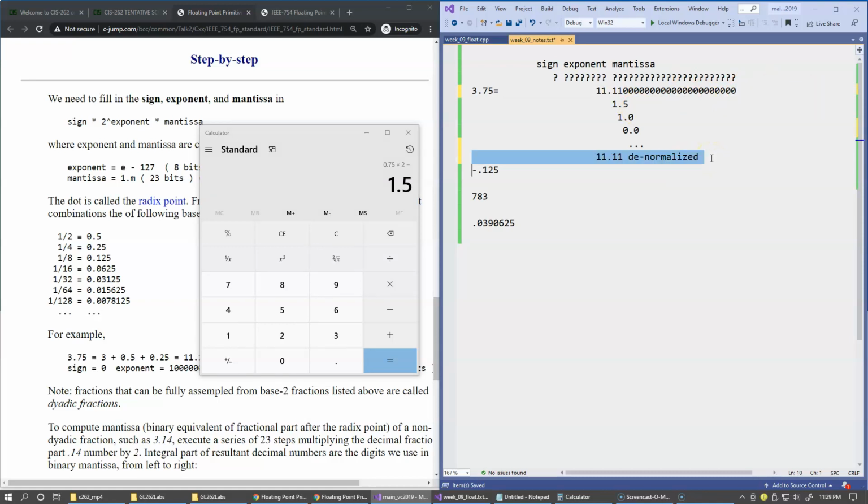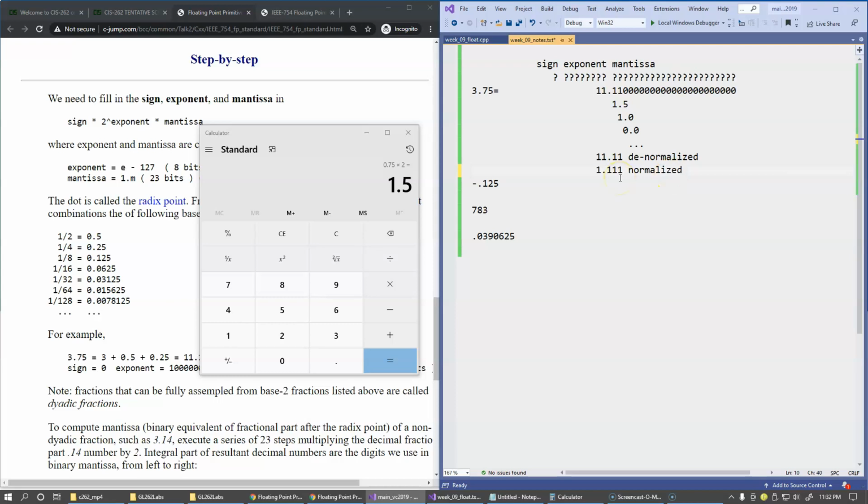And now we want to make it normalized. So just copy and paste. And we know what normalized looks like: the radix point is always after the first significant digit. So it has to move right here. So this fraction is now normalized.